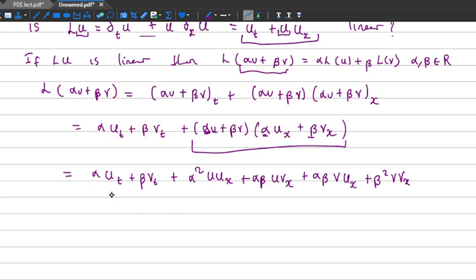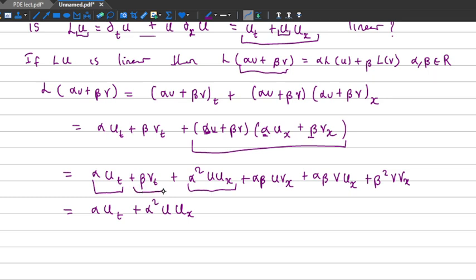We start grouping those that have u alone. So this has u alone, this has u alone, and that's all. This has u and v, so we can't group it. Remember, we should write it in the form L of u plus L of v with some constants. So we get those that have u: alpha u_t plus alpha squared u u_x.